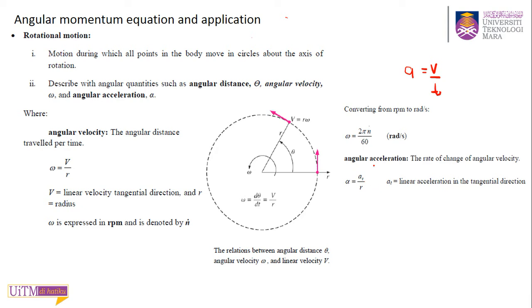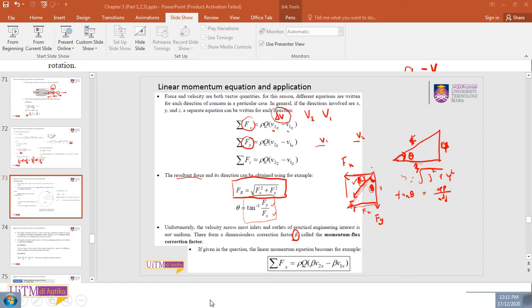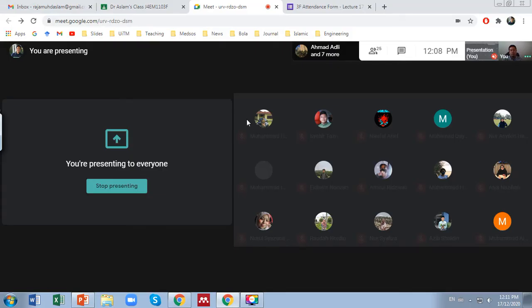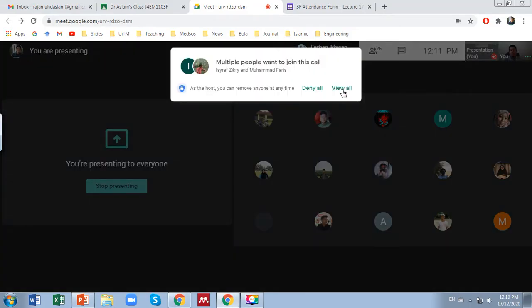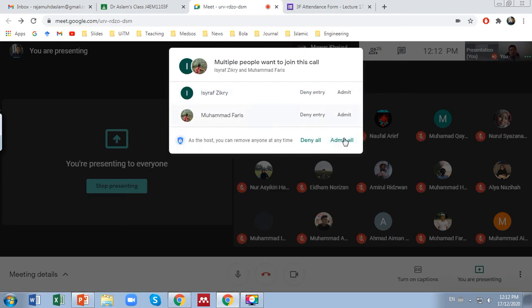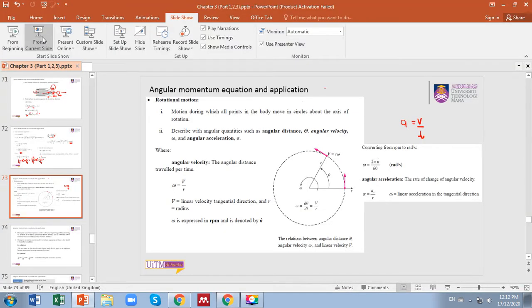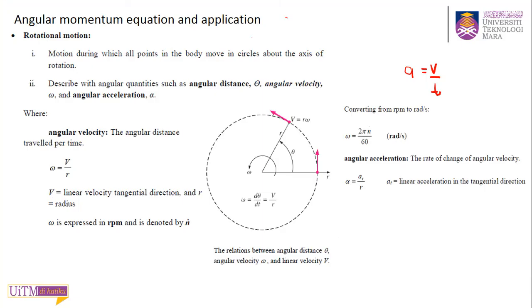So at divided by r gives your angular acceleration. This is because the motion of all the points is in a circle and the body moves in a circle, so everything is angular.